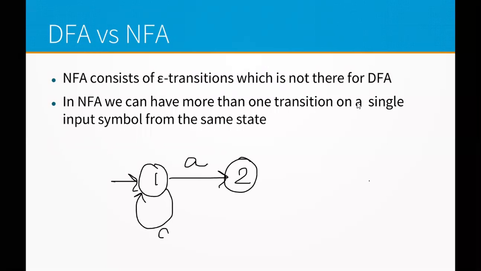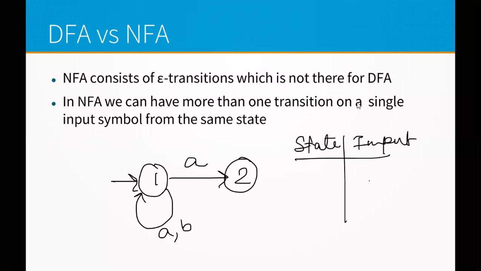Similarly, again on input symbol A, I can still remain in state 1. So state 1 on input symbol A can go to either state 2 or remain in state 1, because there are two transitions labeled A from state 1.